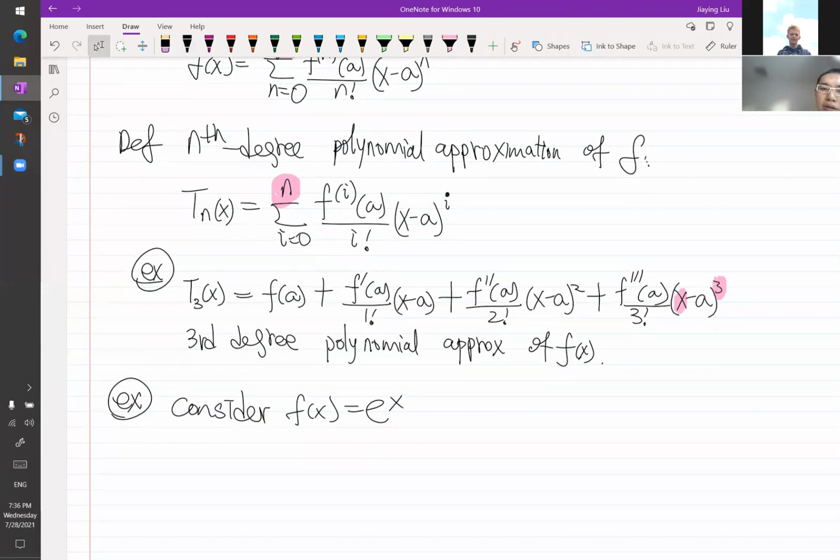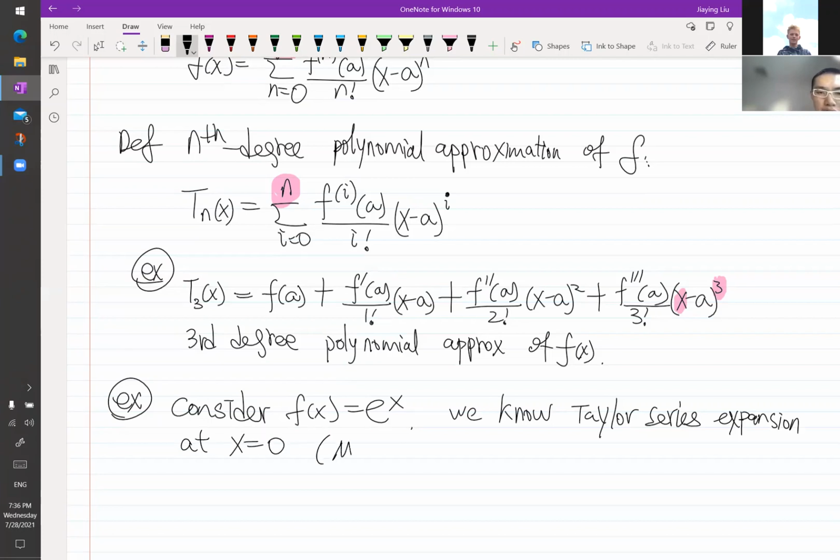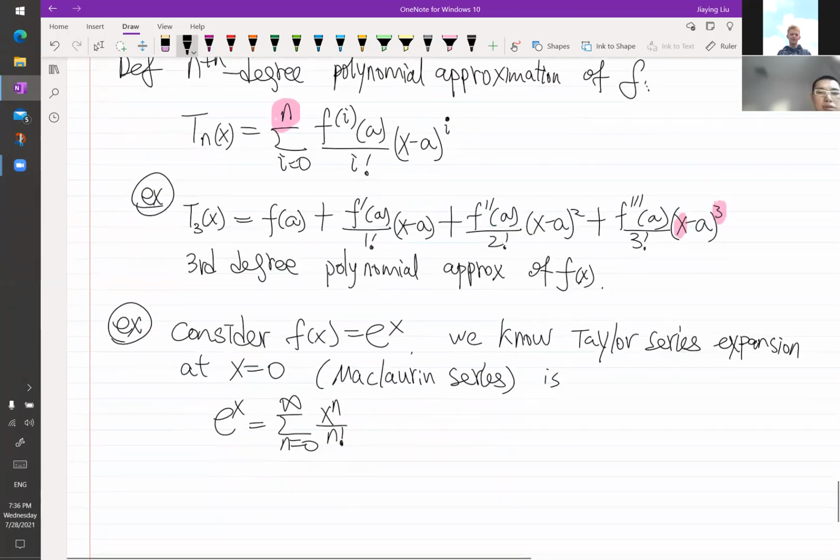And then we know the Taylor series expansion at x equals 0, or the Maclaurin series, is e to the x equals sigma n from 0 to infinity x to the n over n factorial. Right, that's what we have already seen before.